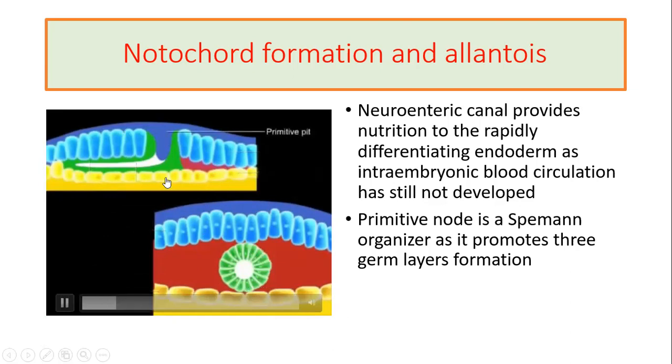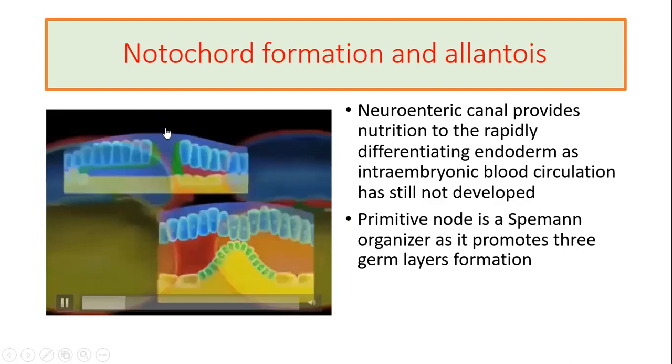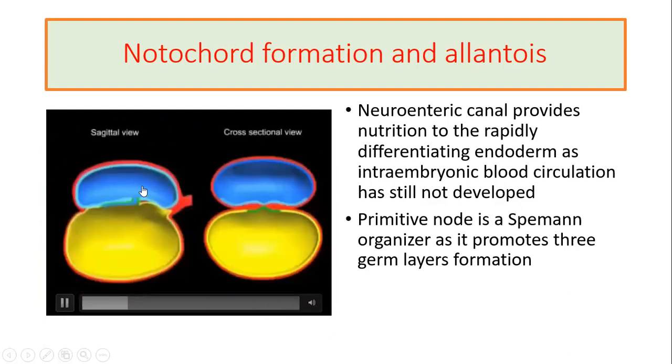Now gradually what happens? Over here you can see the lower portion has disappeared. Now there is a formation of the neurenteric canal. So it will provide communication between the rapidly differentiating endoderm as well as ectoderm. So now here is the notochordal plate formation.